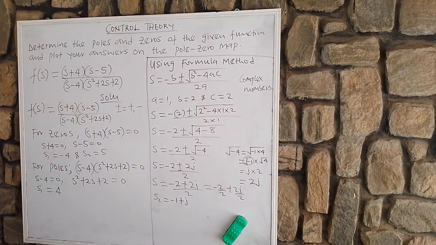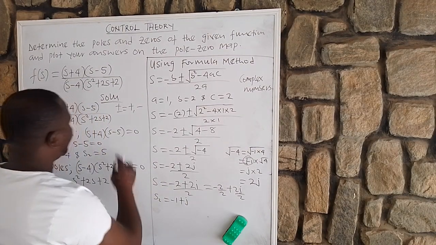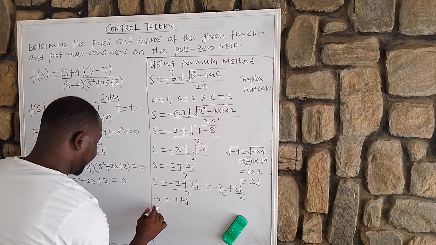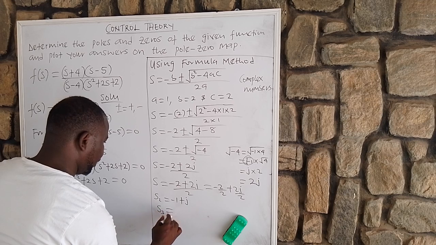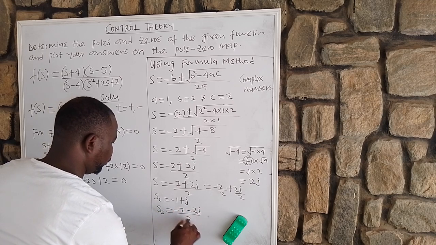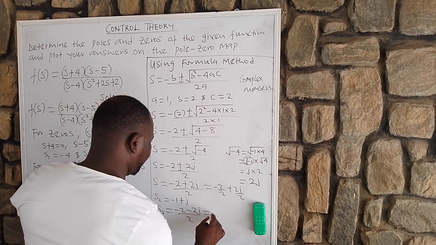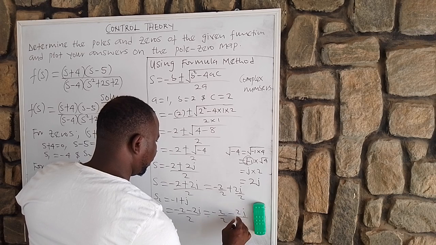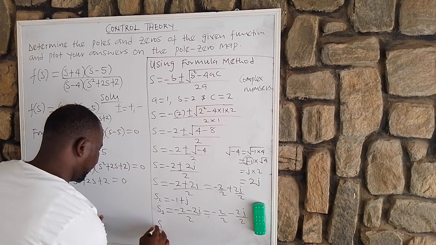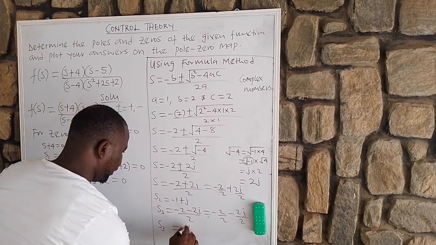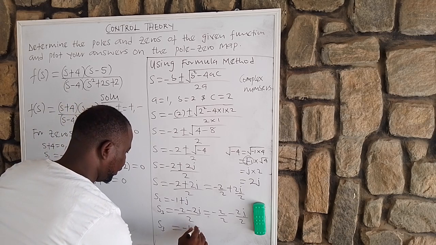True or false? Then we come for the minus. So s3 equals minus 2 minus 2j all over 2, which is minus 2 over 2 minus 2j over 2. Then our s3 will be minus 1 minus j.